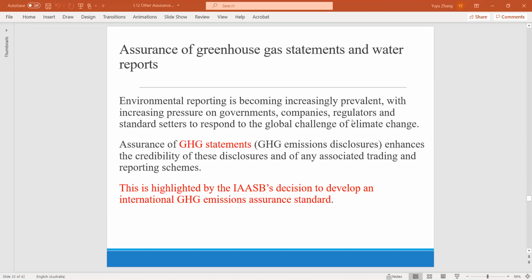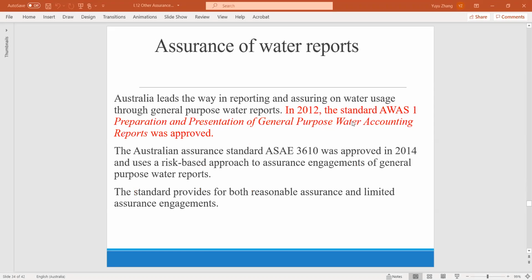This has been highlighted by the International Standards Board's decisions in terms of this type of assurance standards. The other type, also quite important in Australia, is the assurance on the water reports. In Australia, we have the special standard on this type of reports, which is ASAE 3610.